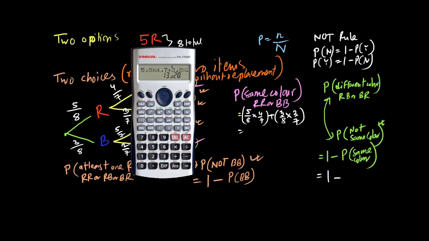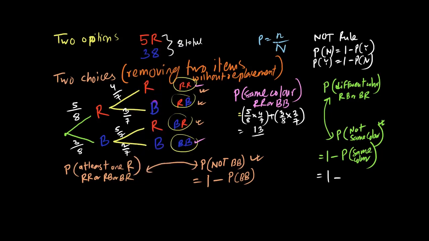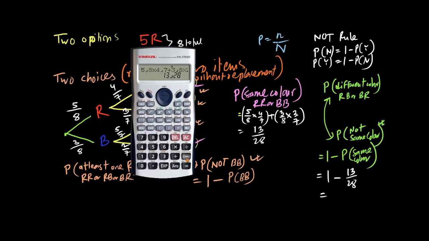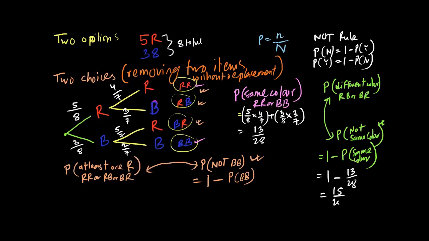So this turns out to be 13 by 28. So this will be 1 minus 13 by 28, and 1 minus 13 by 28 means 15 by 28.